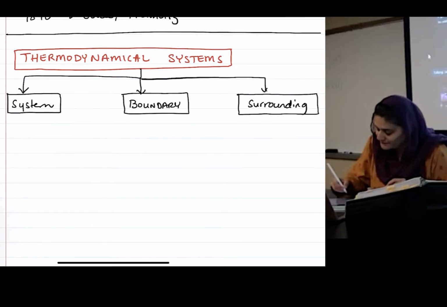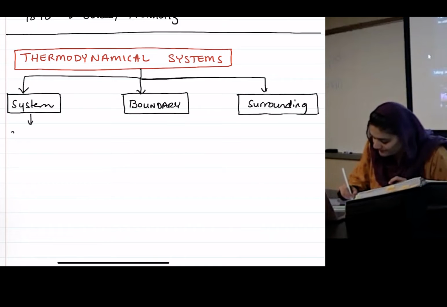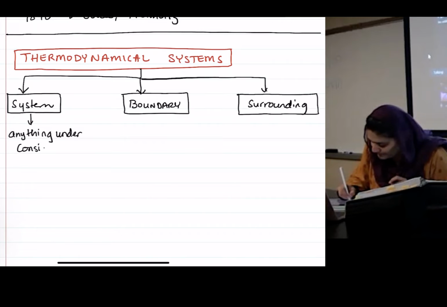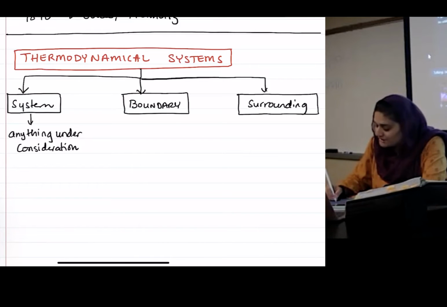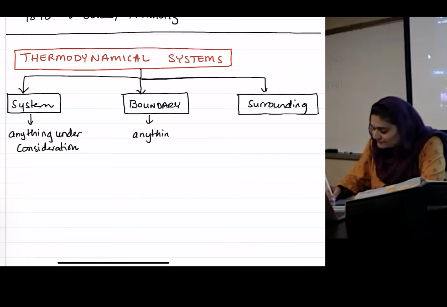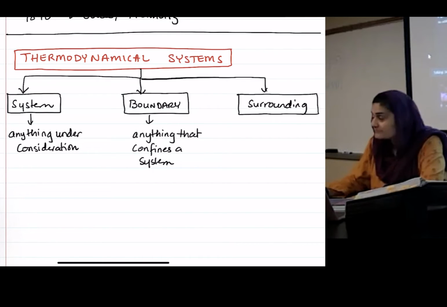Okay, let's write that down first and I'll explain. A boundary is anything that confines a system. And surrounding is anything else.